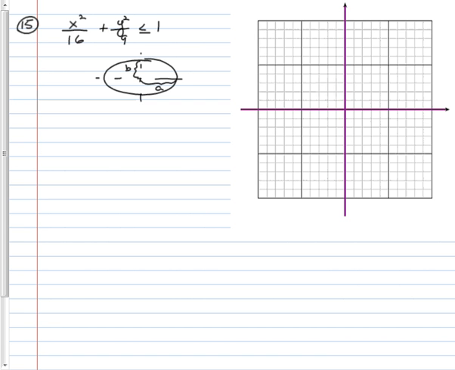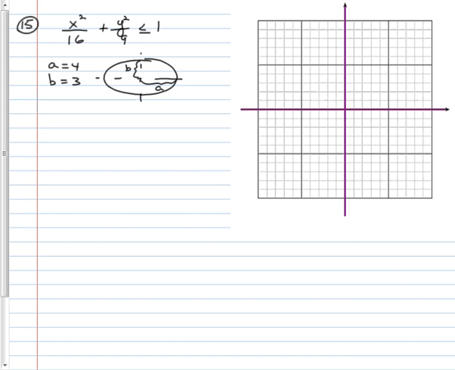And the 16 must be the big number, but that's squared. A is 4. The long way is 4. And that 9 is the B. It's smaller. It's 3, because 3 squared is 9. And since it's just the x squared and y squared, it's centered right at 0, 0, right at the origin.